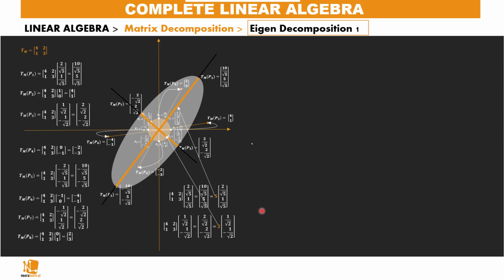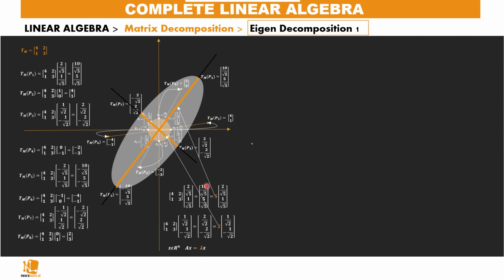So, for all x element of Rn, if x is an eigenvector, A, which is the transformation matrix, times x is equal to lambda times x, where lambda is the corresponding eigenvalue.